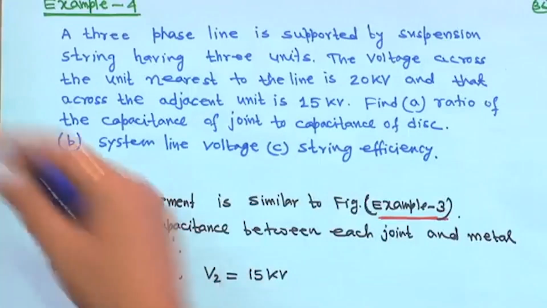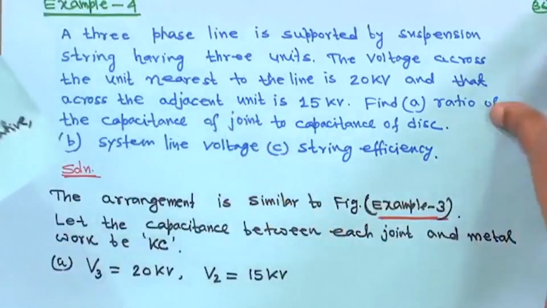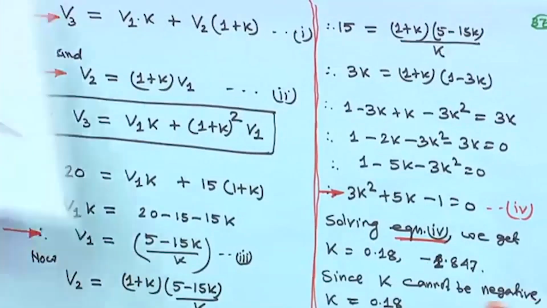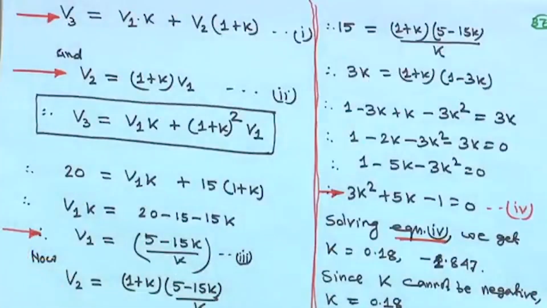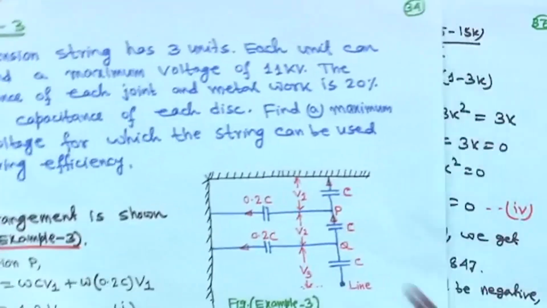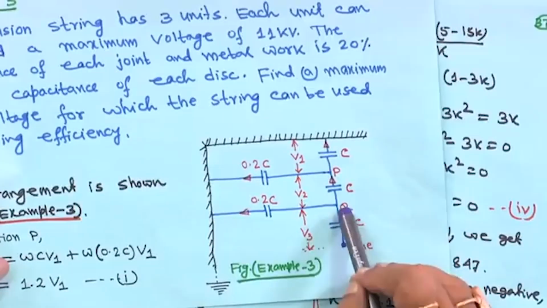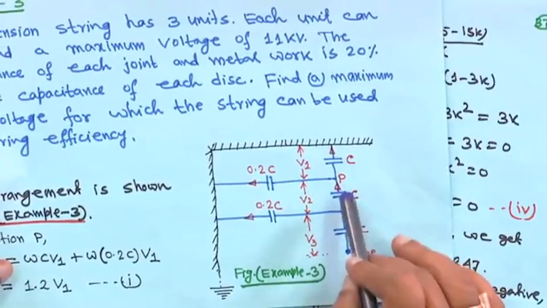Now, following the same thing, please write the equations, the way we have earlier written for points P and Q. Apply your KCL. I am not doing all these things for you, this simple thing you please do.